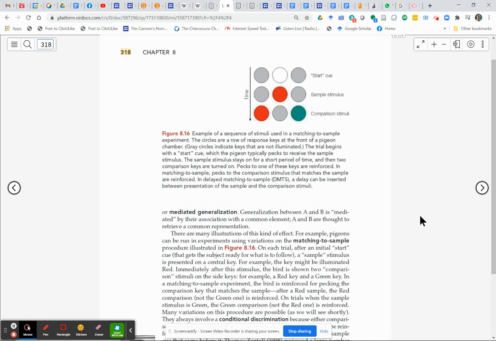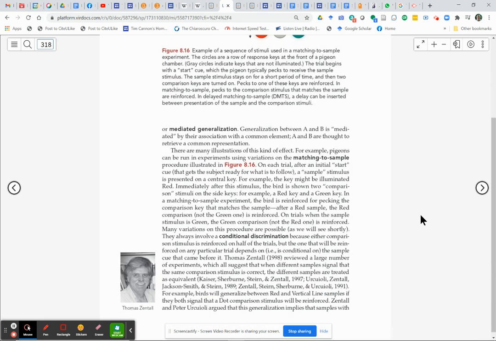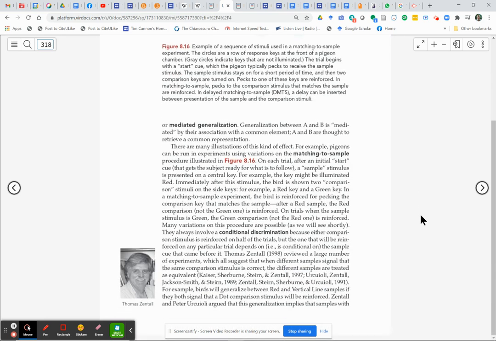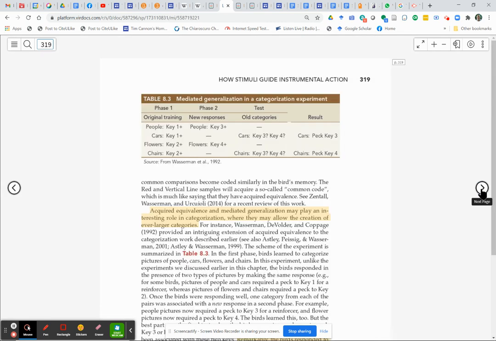And you can have delays there. And delays make it much more difficult. In fact, it's pretty clear they involve different parts of the brain. And conditional discriminations, and it's a nice picture of Zentall, and that's a good discussion there too.